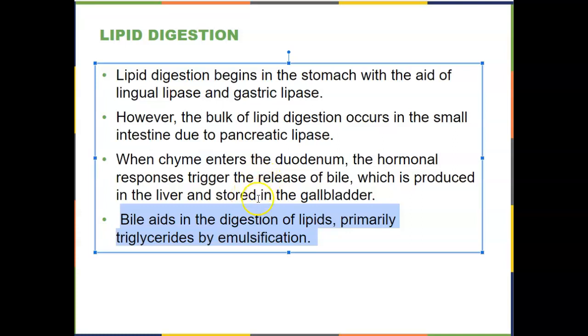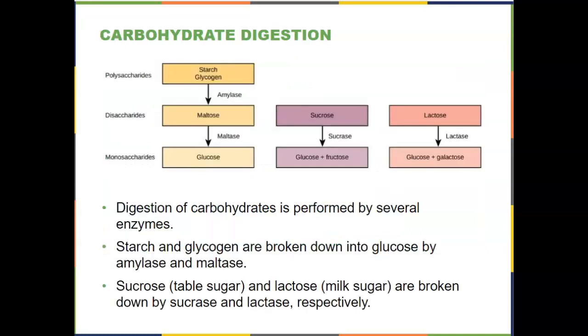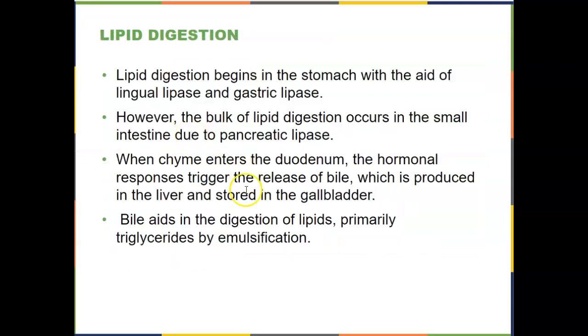And then we have lipase, primarily lipase, which is the enzyme that breaks the fatty acids away from the glycerol molecule, breaks those triglycerides down. That enzyme is referred to as lipase, produced by the pancreas, and also versions of it produced by the epithelial cells of the small intestines.